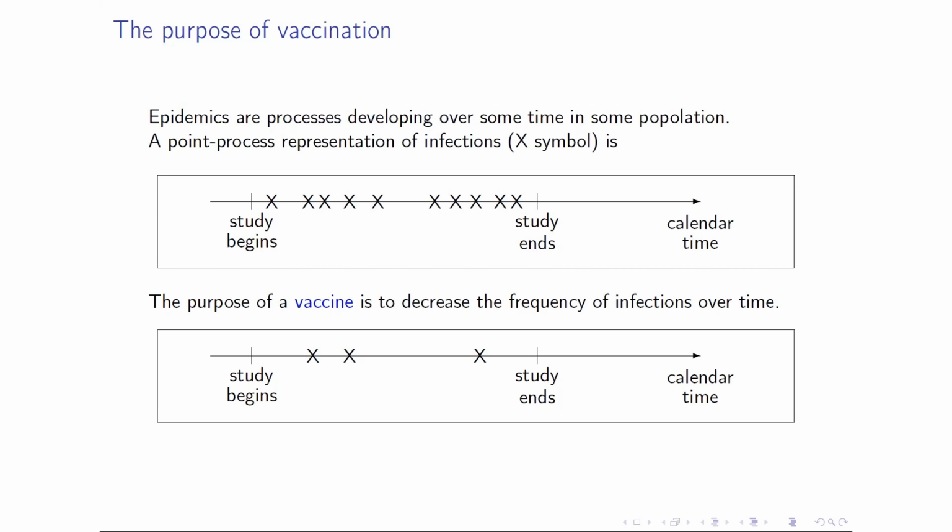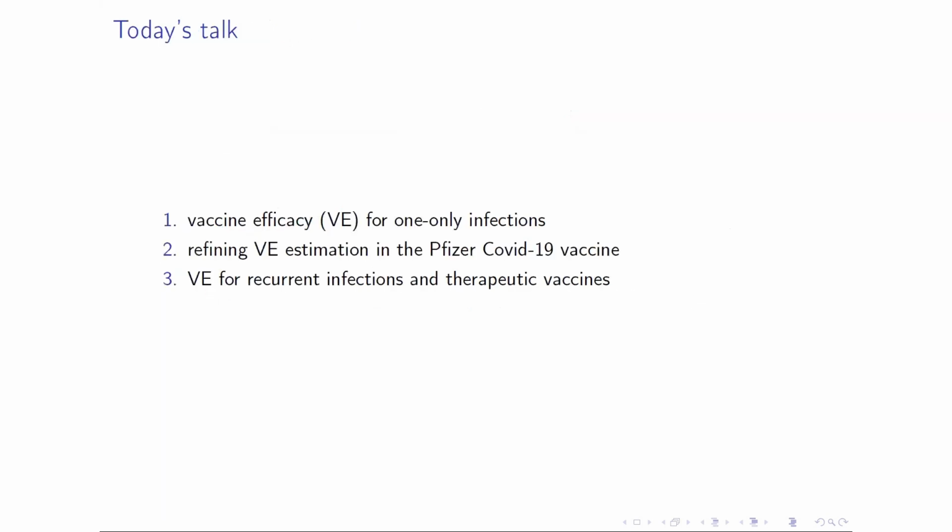And we have different approaches to it. We can tackle it from different mathematical and statistical points of view. We will do very simple approaches today. We will review vaccine efficacy for one-off infections, which is classical, for example, for the COVID-19 vaccine.